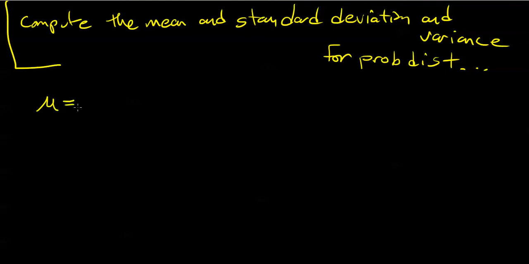The mean of a probability distribution we will symbolize with the lowercase Greek letter mu. And it's a simple formula to compute the mean. You take each possible X value and weight it, or multiply it, by its associated probability. That's all there is to it.